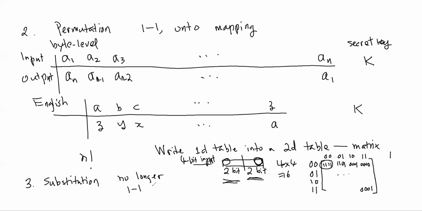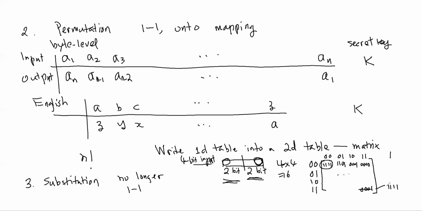So for instance, in this particular case, if I change this to 1, 1, 1, 1, then it is a substitution because this cell and that cell are the same.